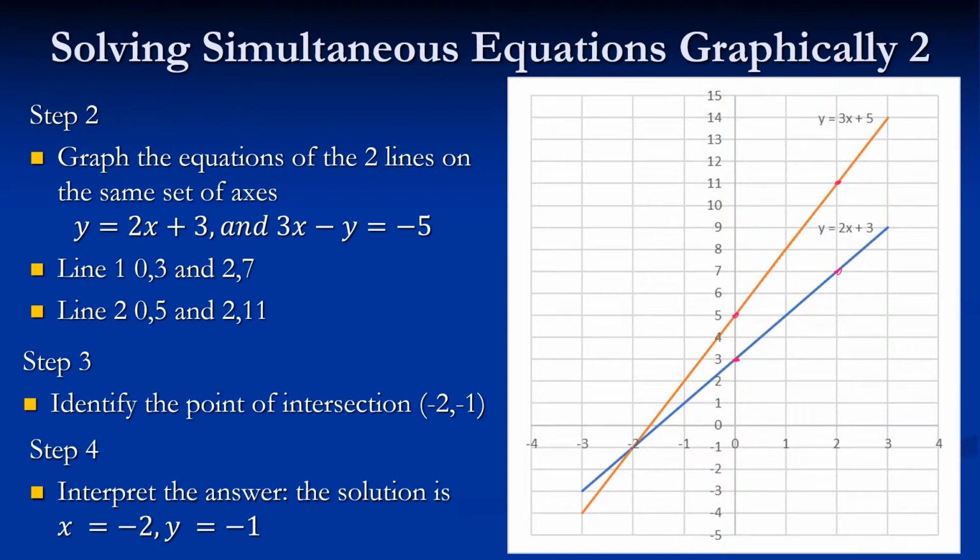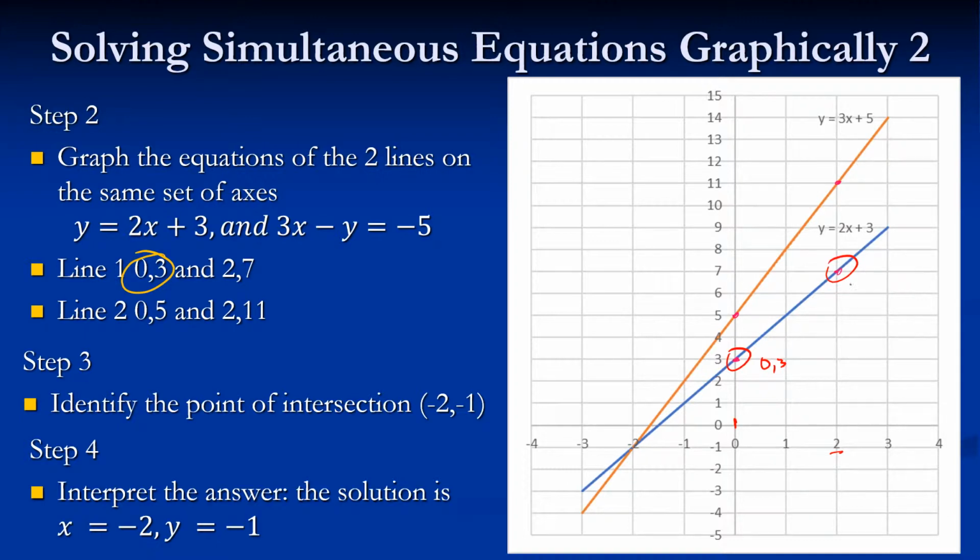So then we just graph those two lines onto the graph. So we've got 2 sets of coordinates. So let's look at our first one, 0 and 3. So when x equals 0, y equals 3. So that's our 0, 3 coordinate. And then we've got 2, 7.